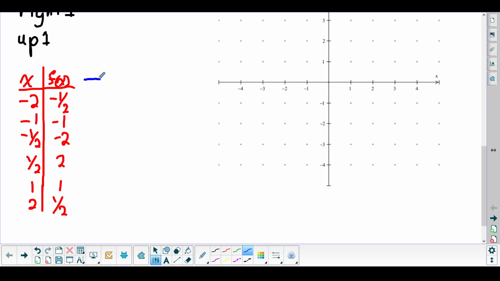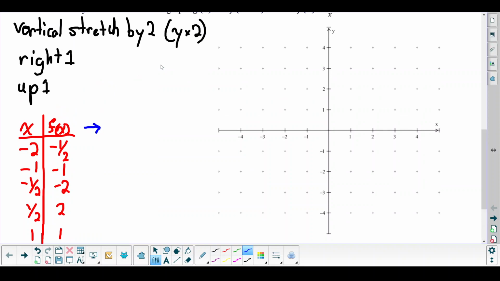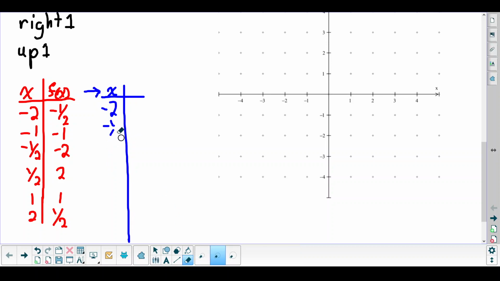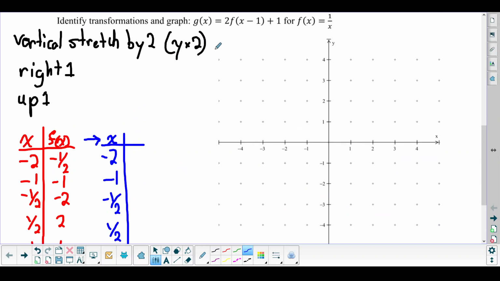But let's do that transformation we have written up here, multiplying our y values by 2. So the x values stay the same. I'm going to copy those down first. -2, -1, -1/2, 1/2, 1, 2. Oh, I missed my 1. Can't do that. Okay, so now we want to be multiplying our y's by 2.